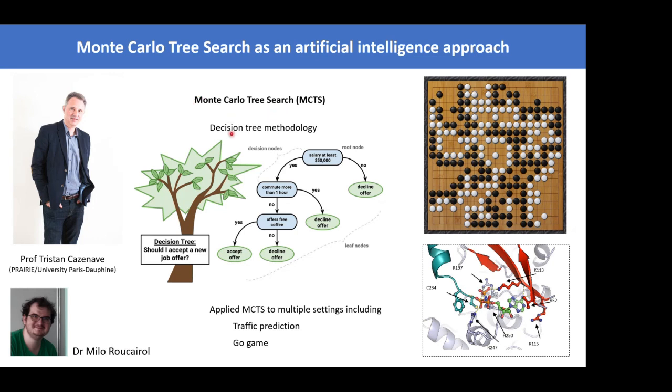So these are decision tree methodologies that basically lead to decision-making based on implementing policies. So in this particular case, yes or no policies. And he had applied this Monte Carlo Tree Search, MCTS, to multiple settings, including traffic prediction, water management, and games such as Go and chess.